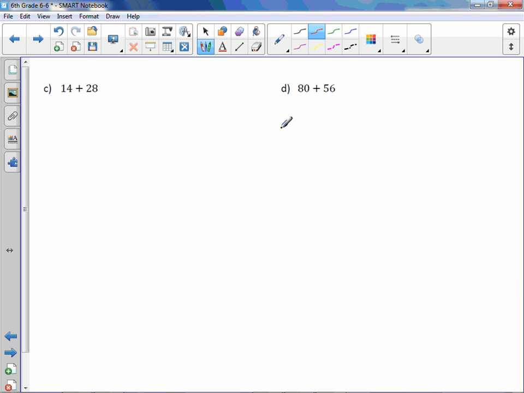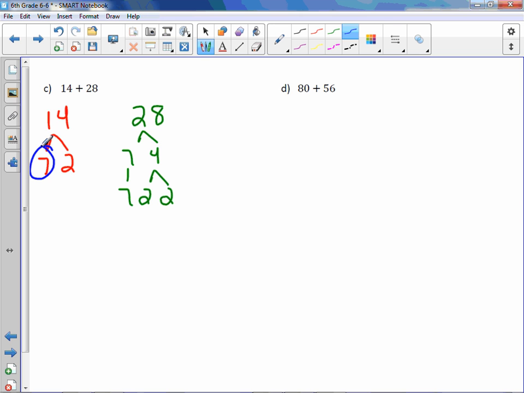Letter C. 14 is 7 and 2. 28 is 7 and 4. And 4 breaks down to 2 and 2. Bring down the 7. It looks like we have a 7 in common and a 2 in common, which means 14 is our GCF.